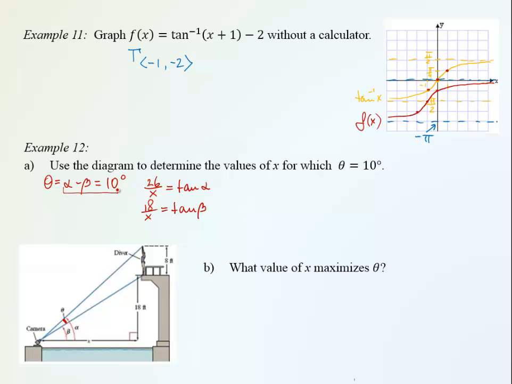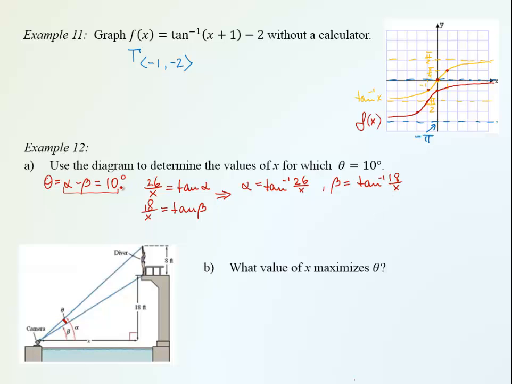To follow this equation, let's solve for alpha and beta by using arctan functions. So, alpha is the same as arctan of 26 over x, and beta is the same as arctan of 18 over x.